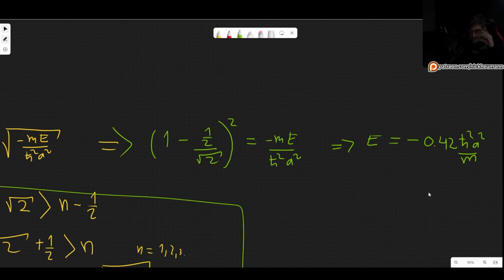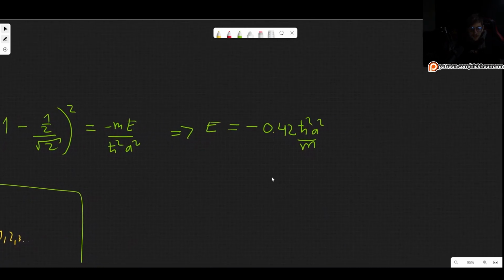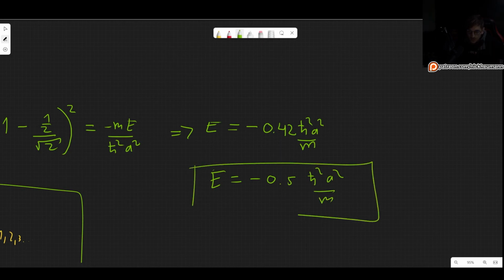And now this is a pretty decent answer, because when we calculated the exact answer in problem 2.48, what we found is that the energy is minus 0.5 h bar squared a squared over m. So we were actually able to find a pretty decent answer without having to actually solve the Schrödinger equation.